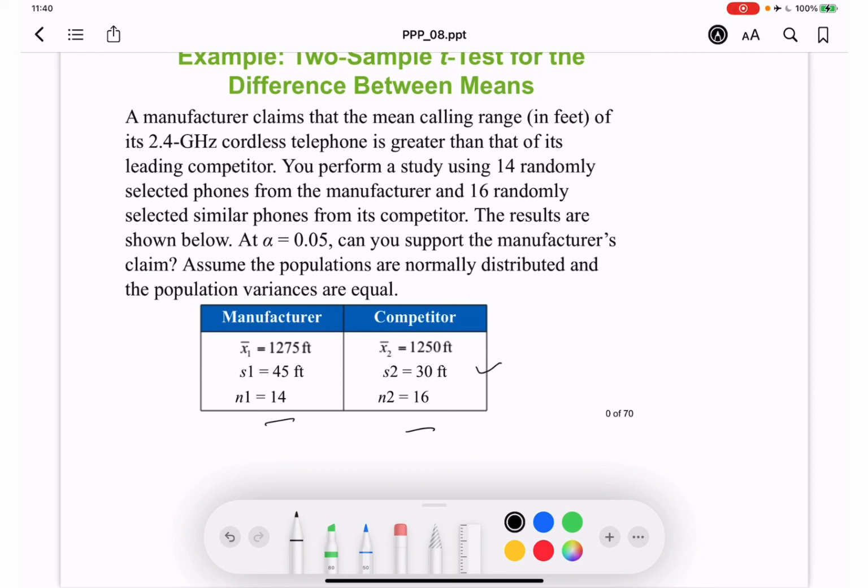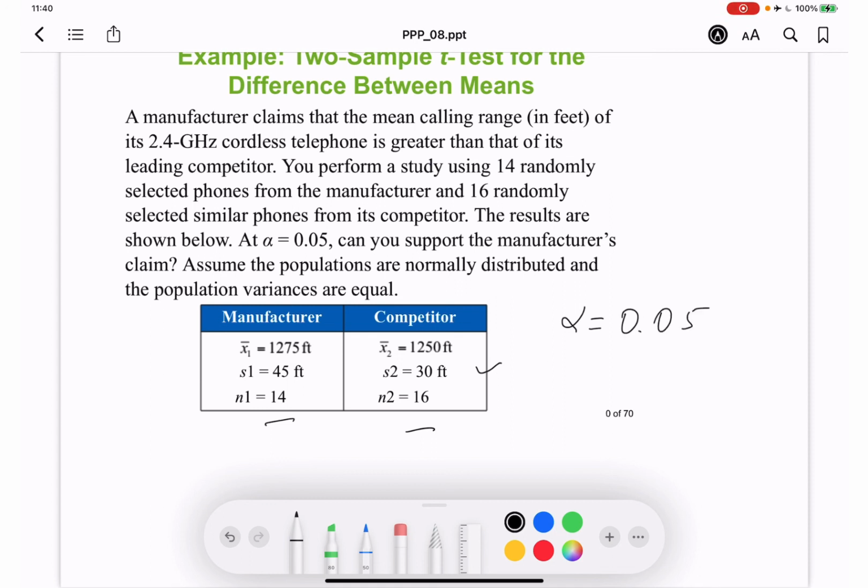Practically, we are given the standard deviation of the sample, and the population one is not given, right? Accordingly, we pick up the formula that matches this given data. And let's not forget alpha is equal to 0.05.